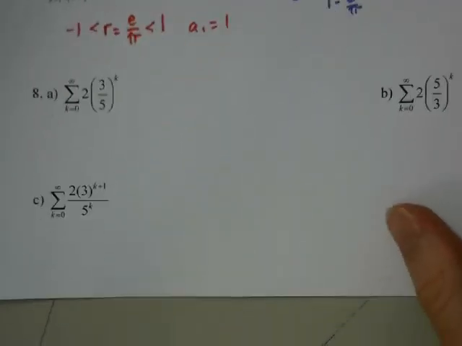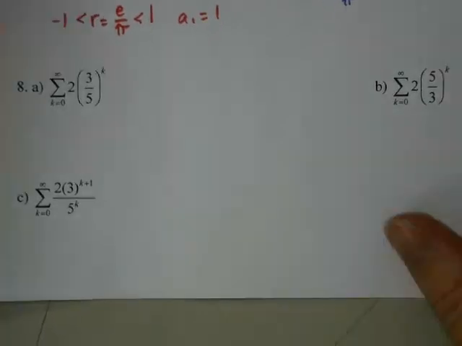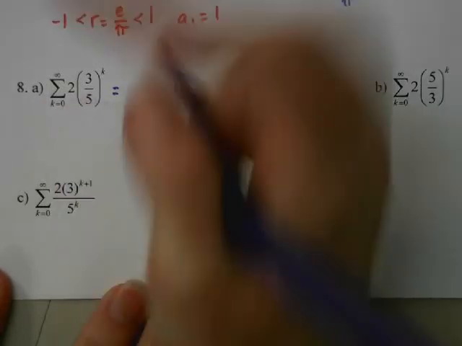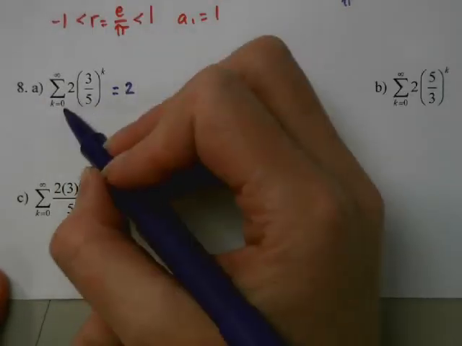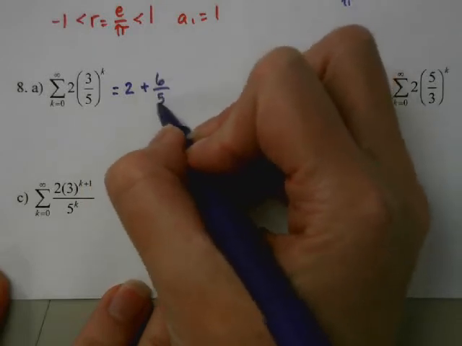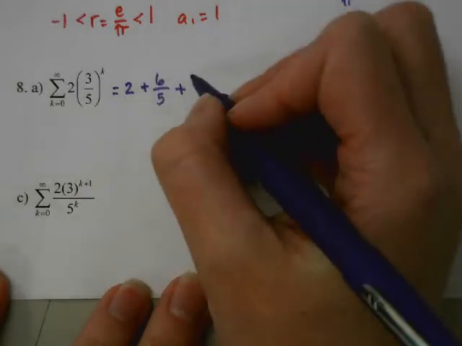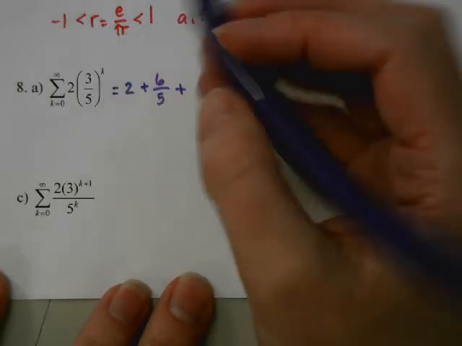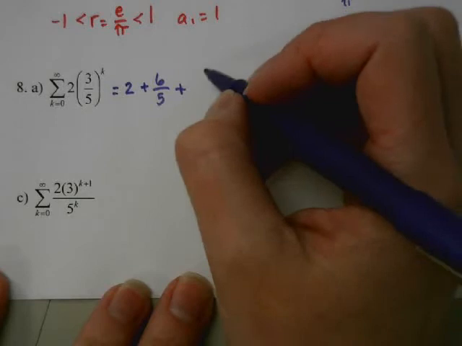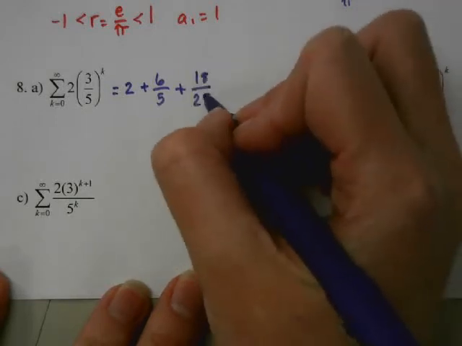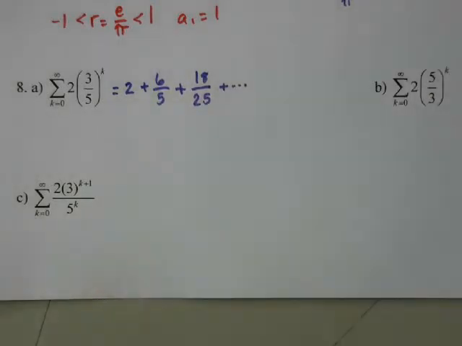Next one, or really next two, they look pretty similar, right? This one, plug in 0, that becomes 1, so we just have 2. When we plug in 1, we're going to have 2 times 3/5, which is 6/5. Plug in 2, we're going to have 9 times 2, 18/25, and so on.